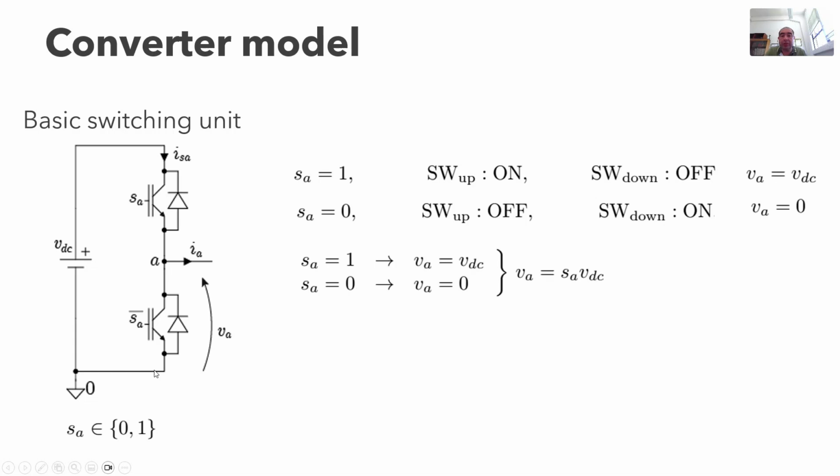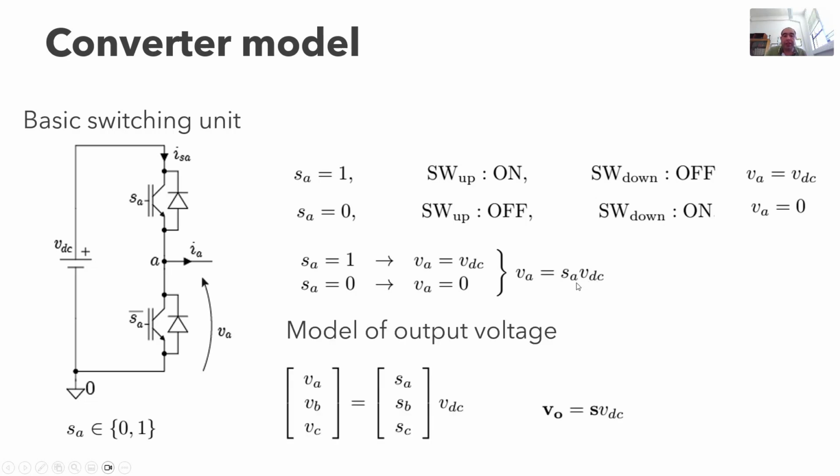If we combine these two behaviors into only one equation, we find that the output voltage is equal to the DC voltage multiplied by the switching signal. And this is also valid for phase B and C, and can be written in a simplified way using vector notation.